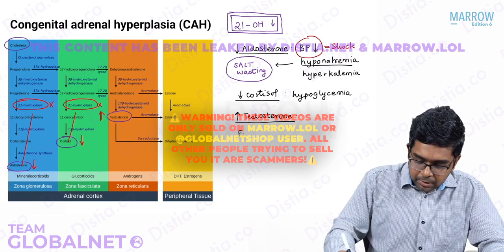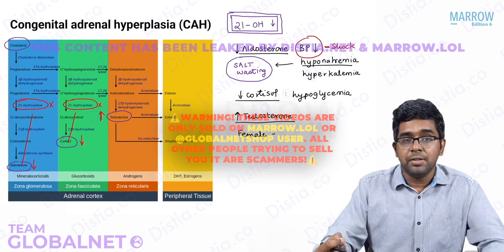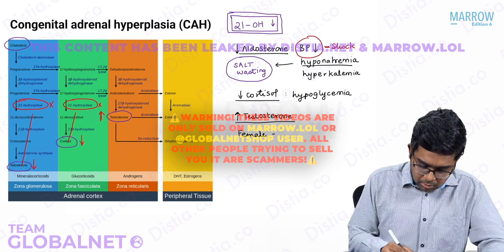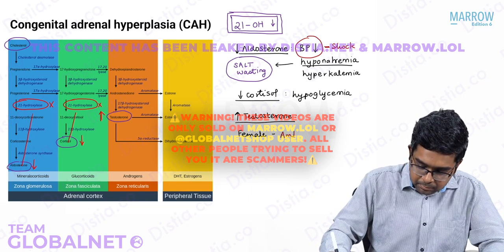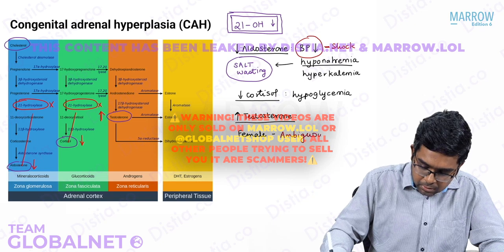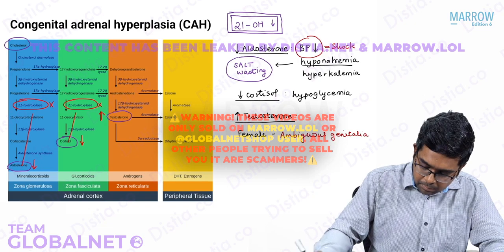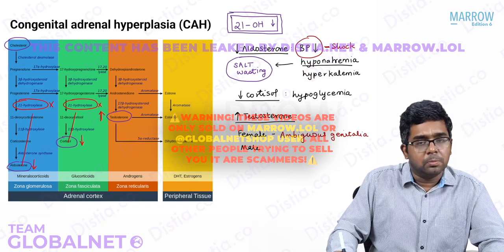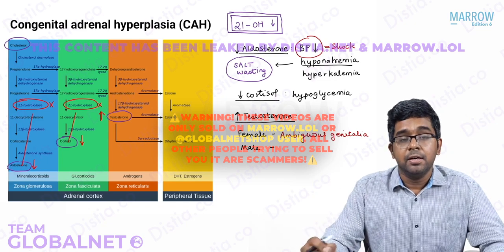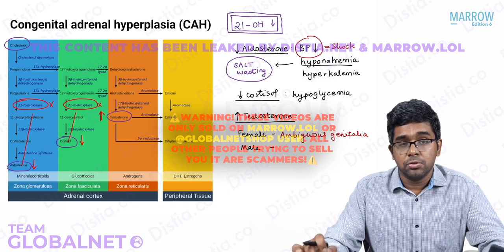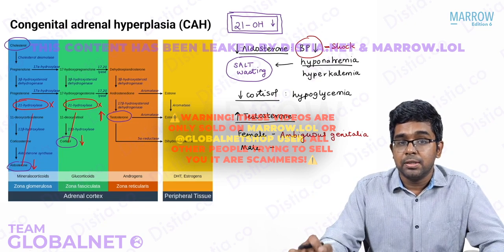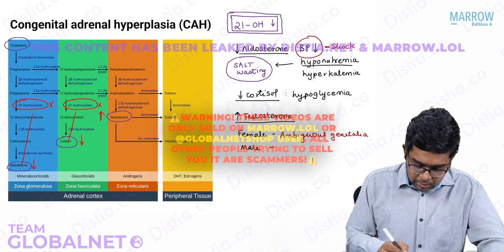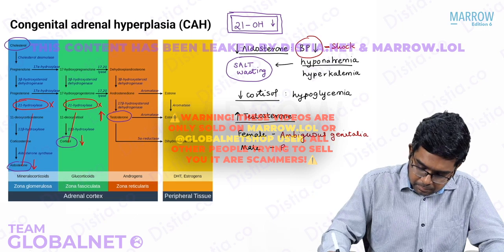So in a female baby, the genitalia may look like a male instead of a female. So what do you call this? This is called ambiguous genitalia. Whereas in a male, the genitalia would look normal only because testosterone is definitely needed. However, very high levels of testosterone would predispose to the development of early puberty or precocious puberty.